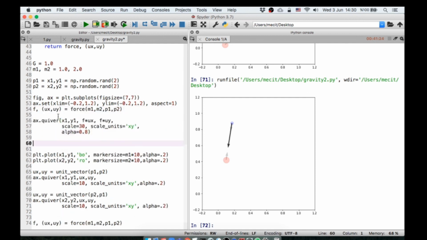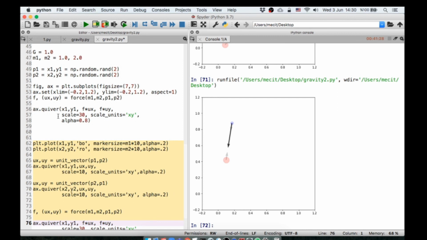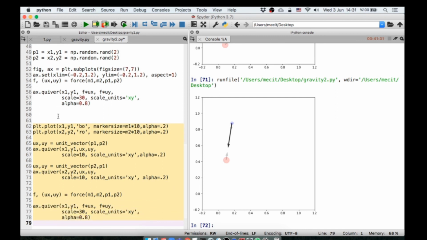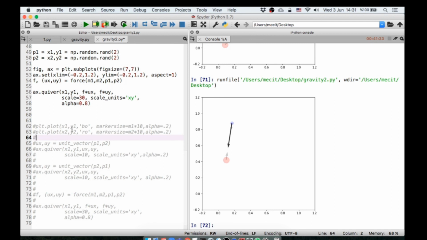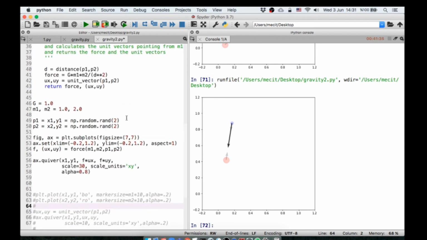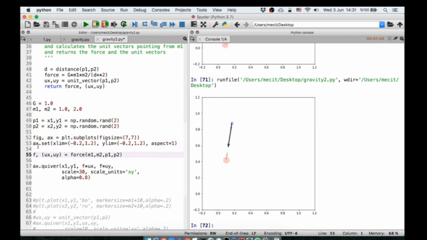So take this part away. Okay, I commented it out. Now actually my whole code is a couple of lines long. Here I put my variables, I get my points, set the figure, and then calculate the force and unit vectors, and then plot them. So let's run this again.